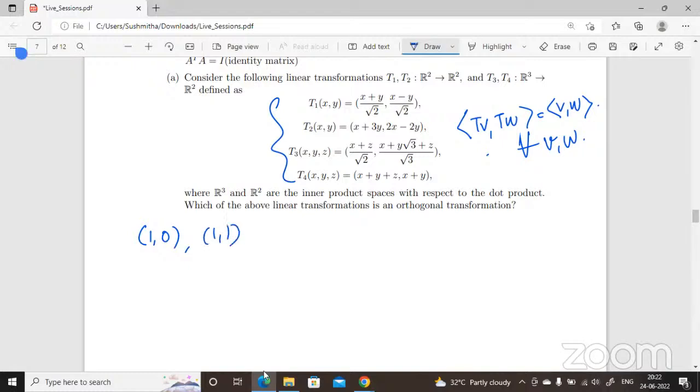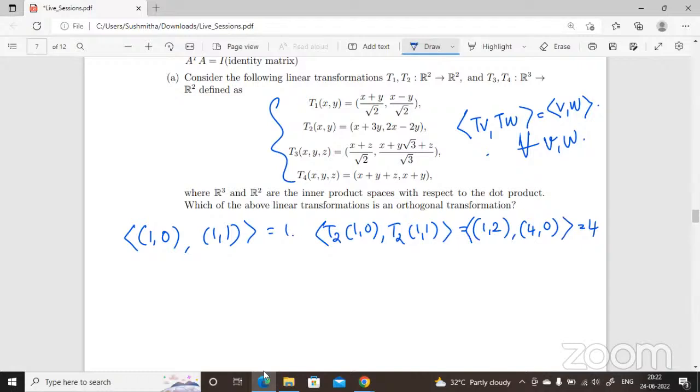Okay, what is the inner product of these two vectors? 1 plus 2. 1. What is T2 of 1, 0 with T2 of 1, 1? T2 of 1, 0 is 1, 2. T2 of 1, 1 is 4, 0.